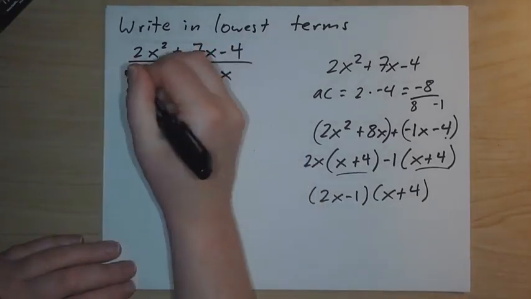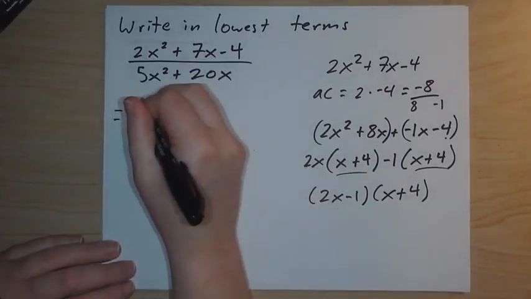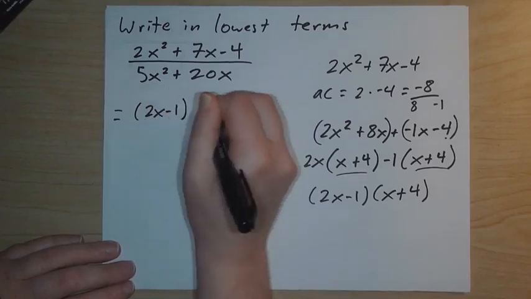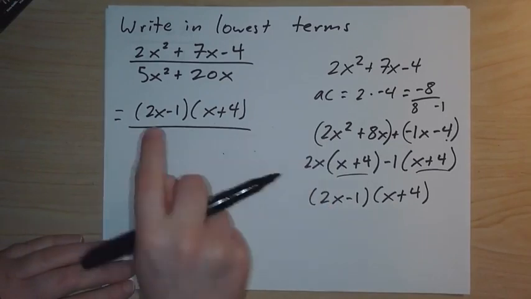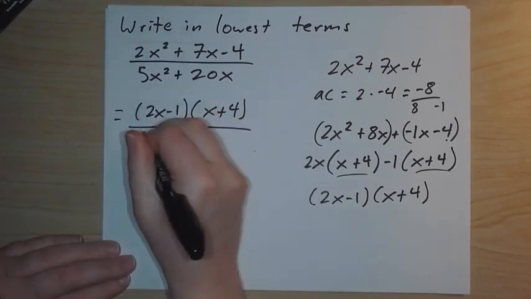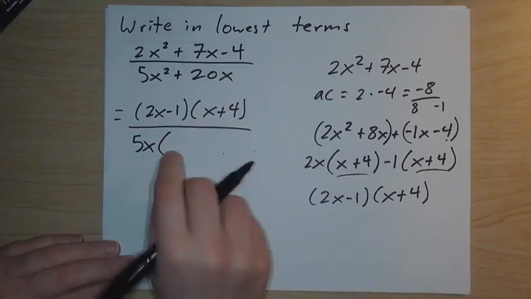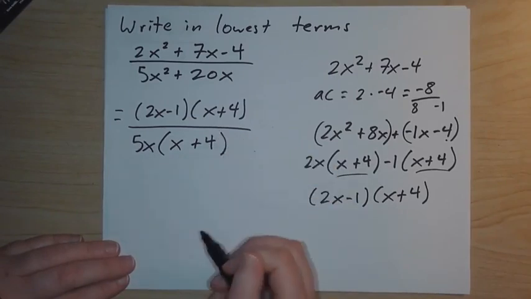So I'm going to rewrite this here using the factored form of the numerator: 2x minus 1 times x plus 4. And factoring out 5 and x from the denominator, we're left with just x, plus 4.